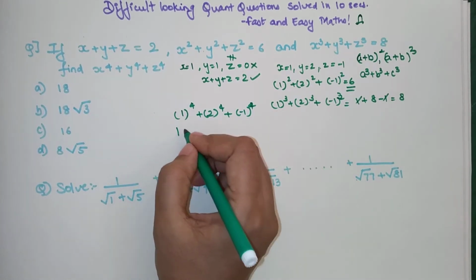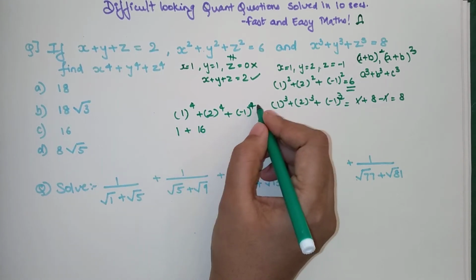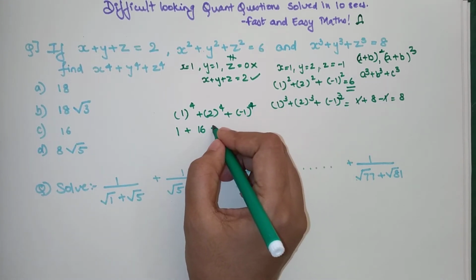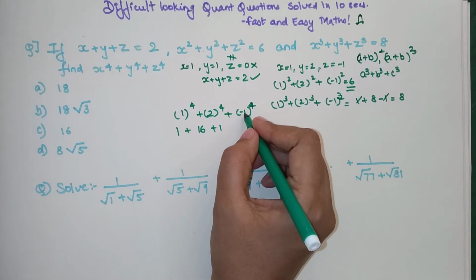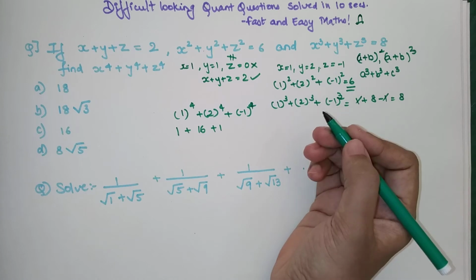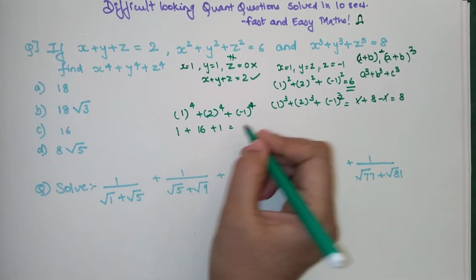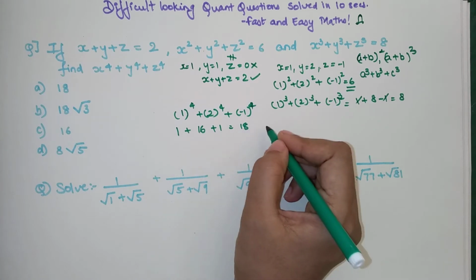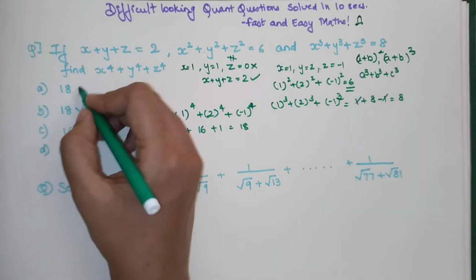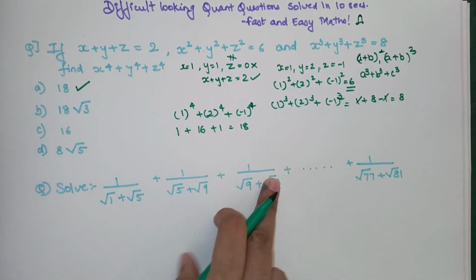So 1 raised to 4 gets you 1, plus 2 raised to 4 gets you 16, plus minus 1 the whole raised to 4 gets you again 1, because a negative number when raised to an even power will always get you a positive answer. So 16 plus 1 plus 1 gets you 18. Here now I can say that 18, option A, is my correct answer.